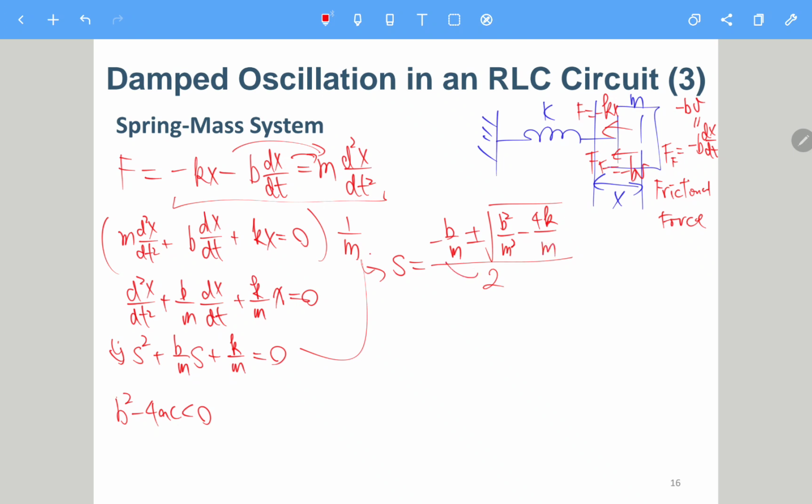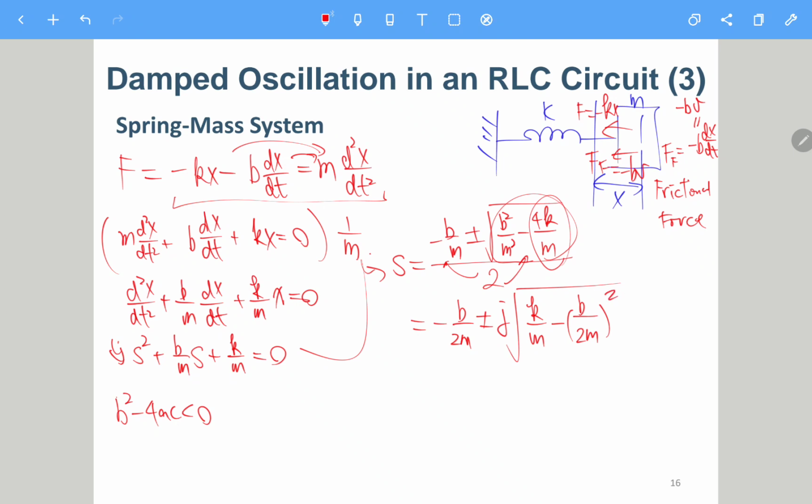We can distribute this 1/2 inside. Since the term under the root is negative, we make it negative b over 2m plus or minus j times the square root of k over m minus b over 2m quantity squared.